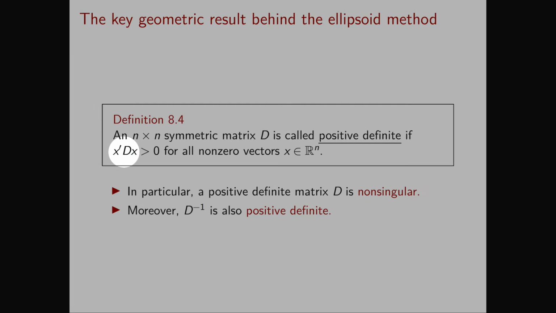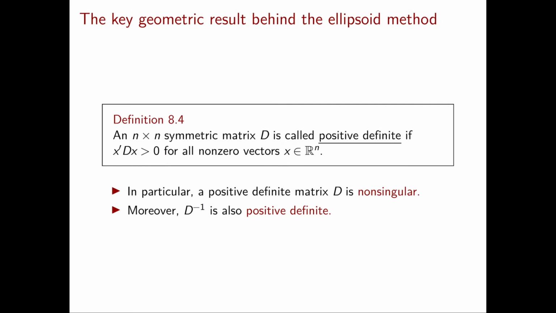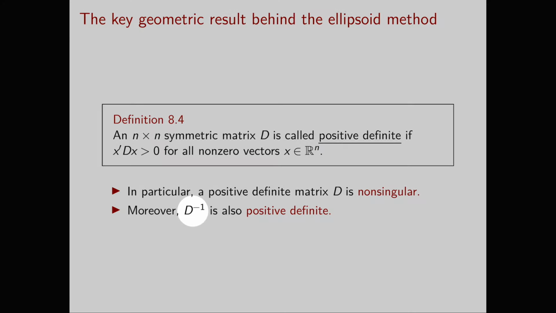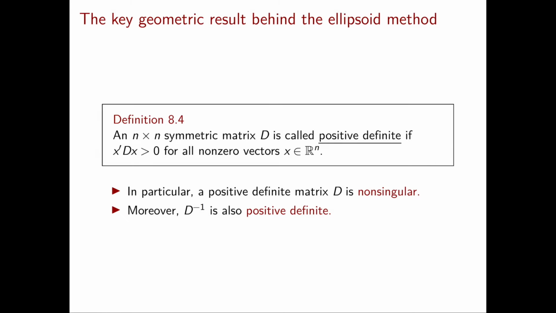Note that x transpose Dx is a quadratic function, so in particular it is not linear. From the definition of positive definite, we immediately obtain that the positive definite matrix D is non-singular, therefore we can consider its inverse, which you can show is positive definite as well.